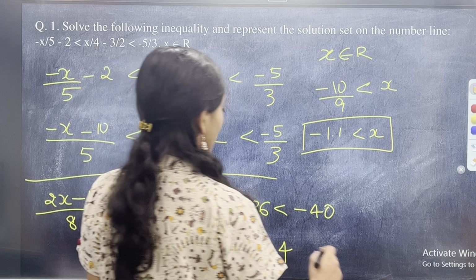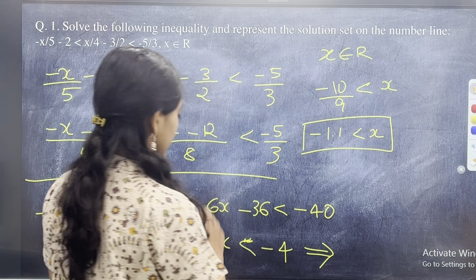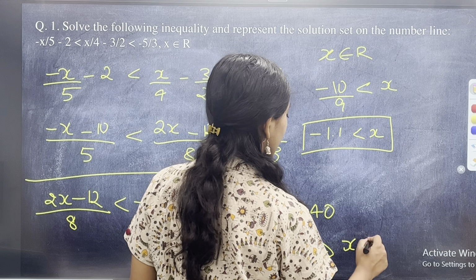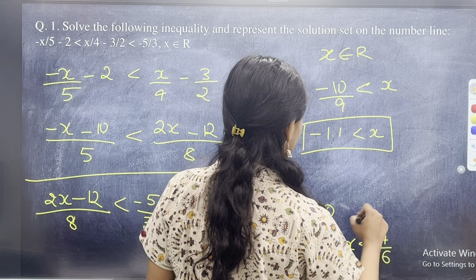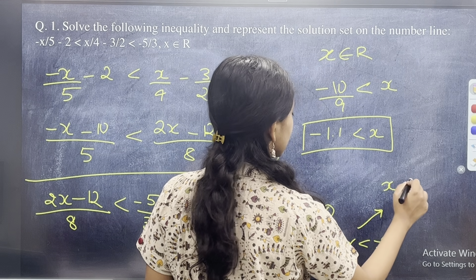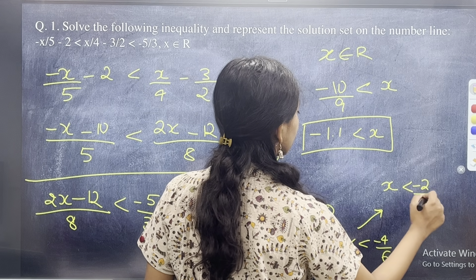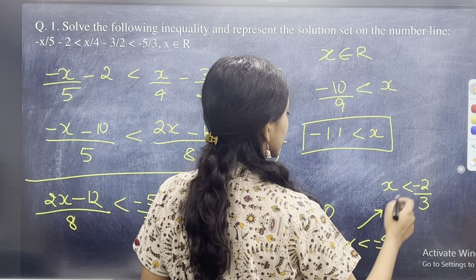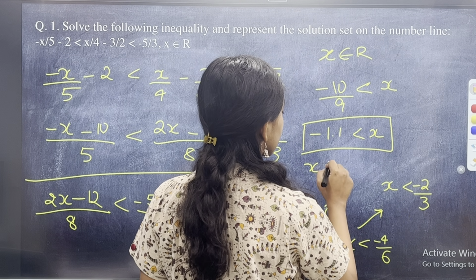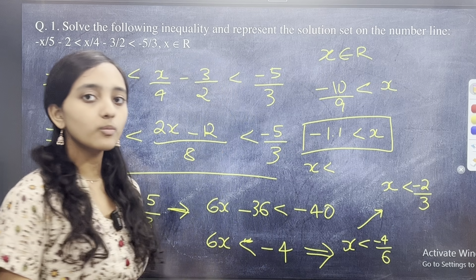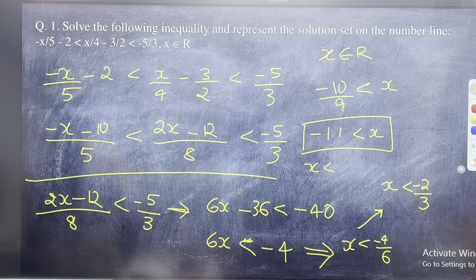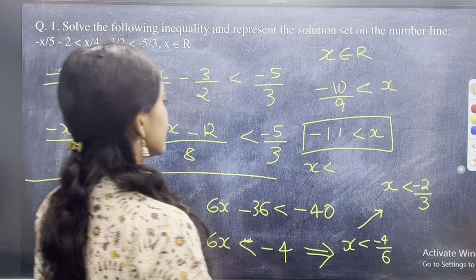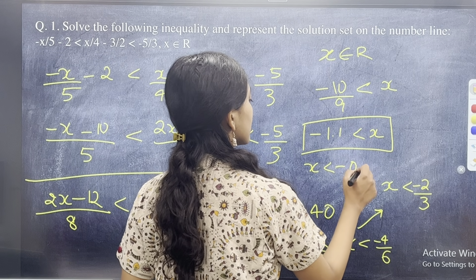Correct? What does this mean? Now I want x separately. So x is less than minus 4 by 6. So basically x is less than minus 2 by 3. Minus 2 by 3 in decimals, just for having an understanding, is minus 0.67, right?